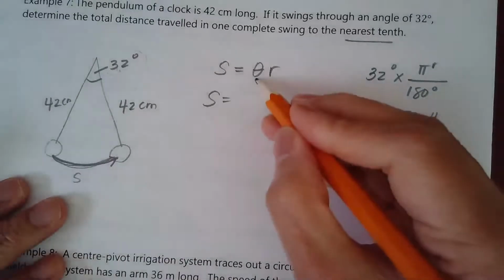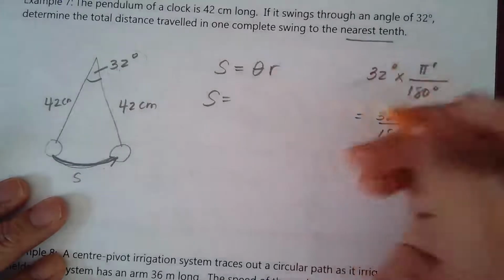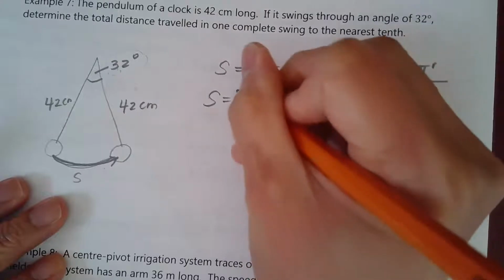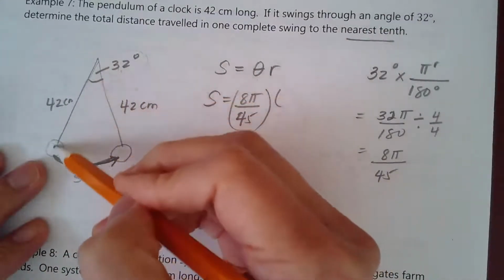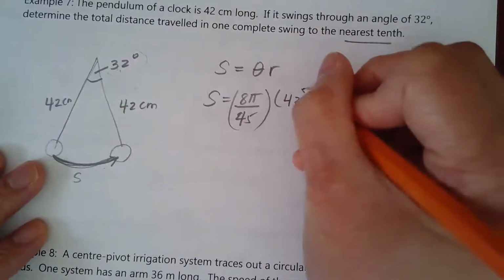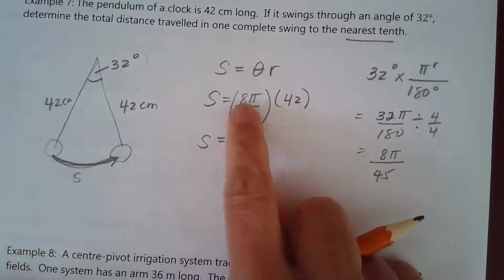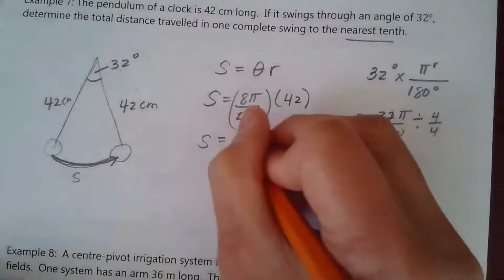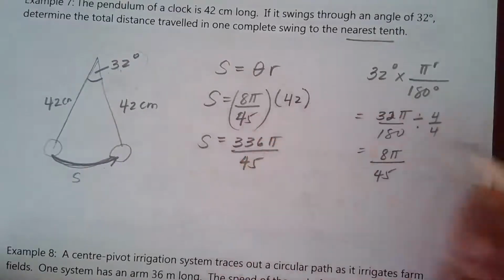So putting 8 pi over 45 into theta, 8 pi over 45 times the radius. The radius is this one over here, 42 centimeters. So let's multiply those together. 8 times 42 is going to be 336 pi over 45.